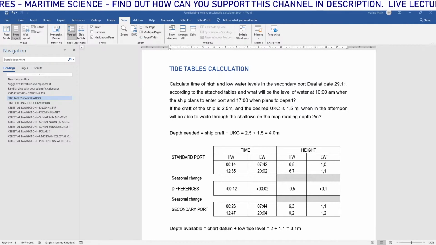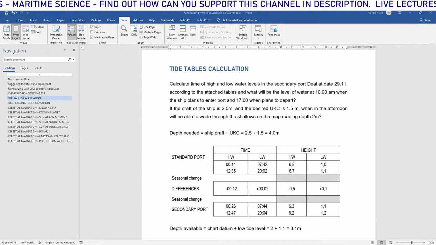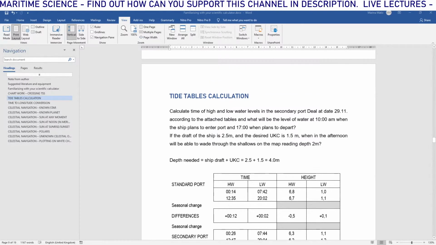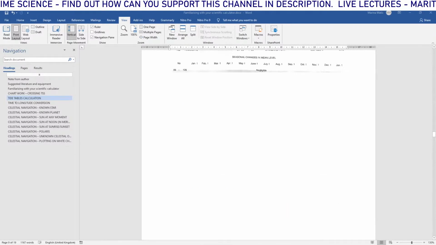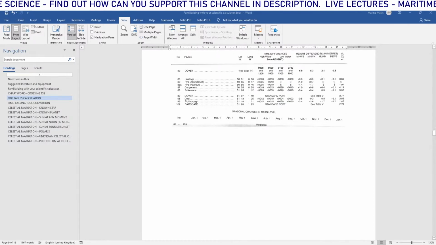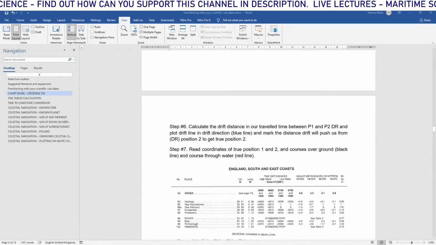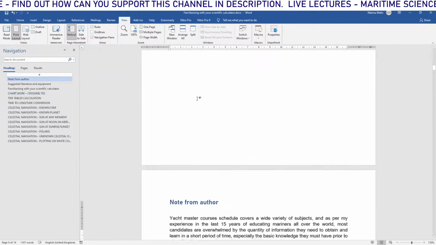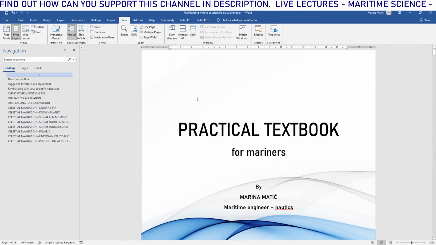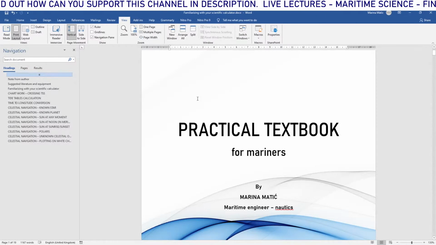So today what I have in schedule is, as you can see here on the screen, I'm working on finishing the new textbook. Let's go back to the first page. This is a practical textbook for mariners.